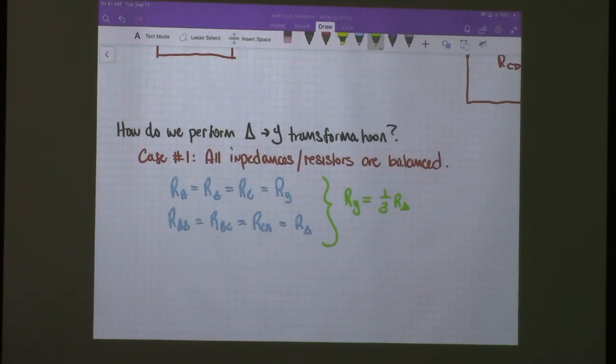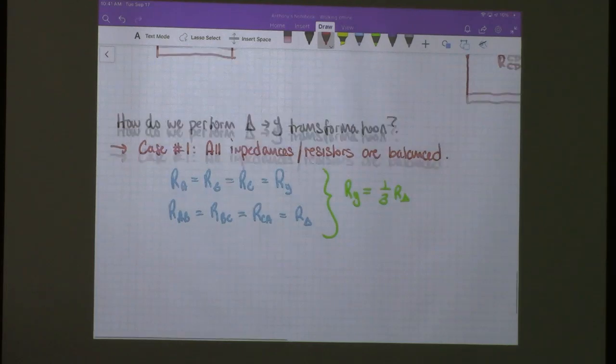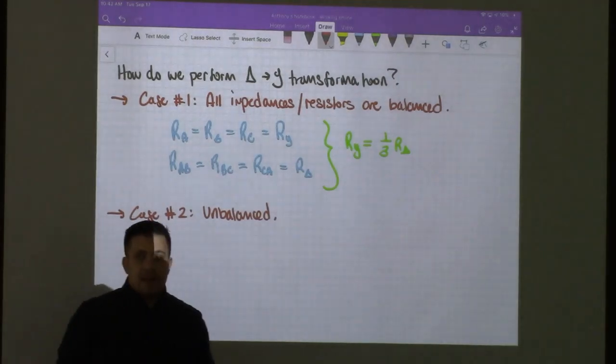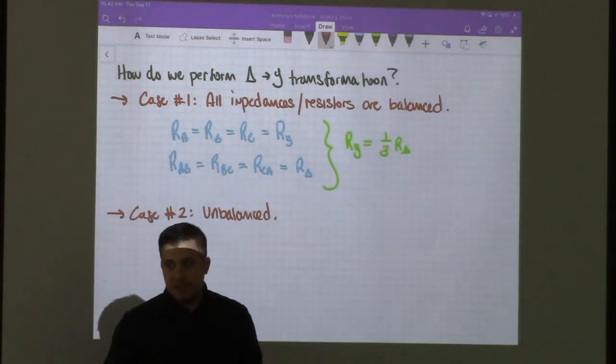Now there is another case, which is unbalanced. So the resistors are not the same. Note that I said impedances or resistors.